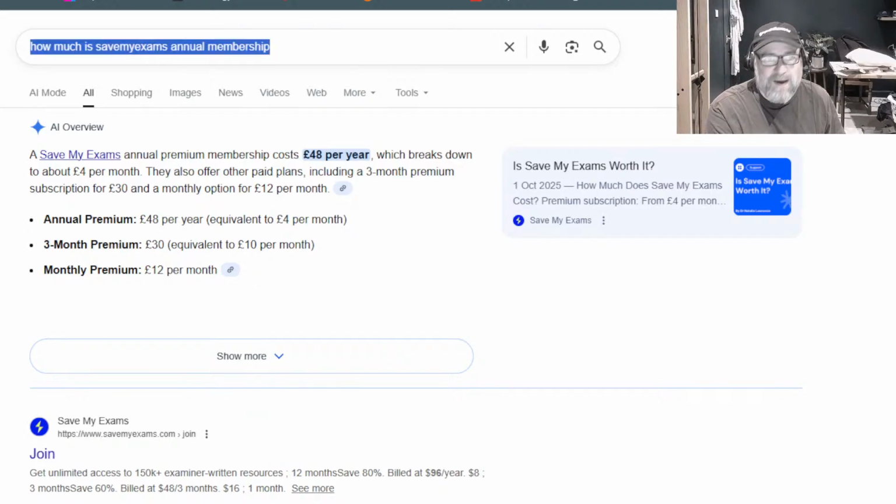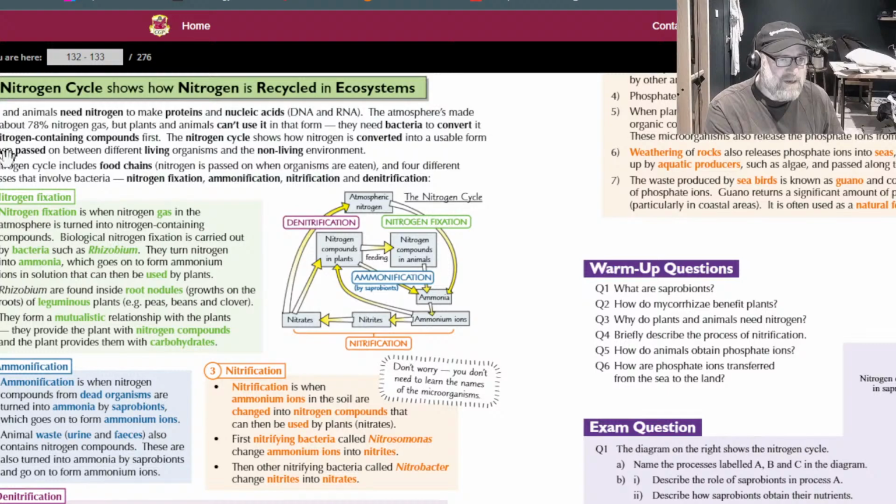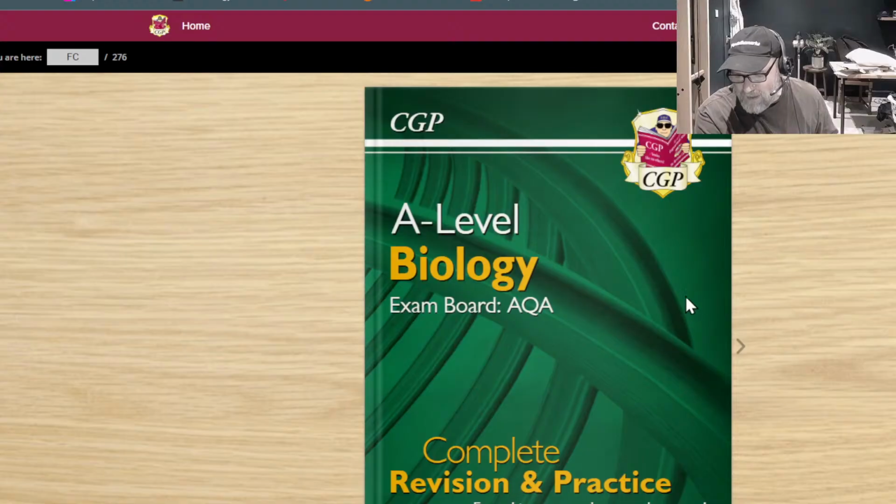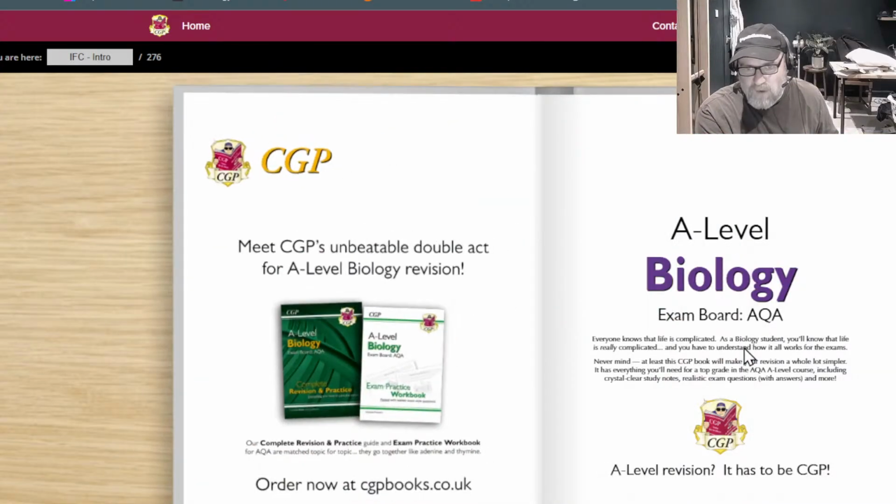What I was going to say, another tactic I would use is go to the front. It's easier to show you online. I was going to open the book. What am I going to do, hold it up to the camera like a plum? I'm going to be off in 2 seconds.